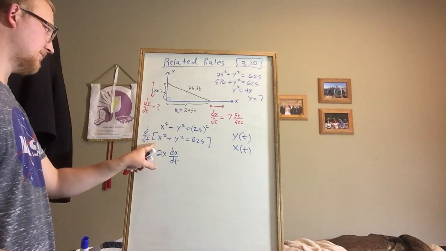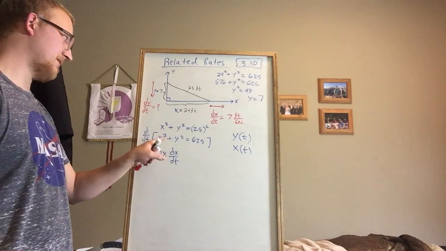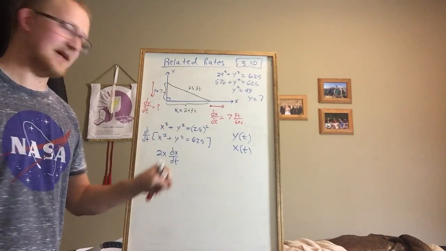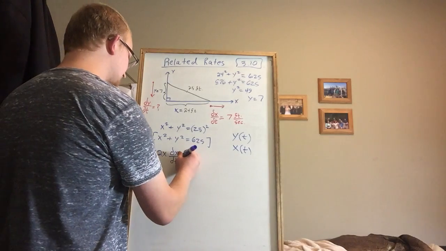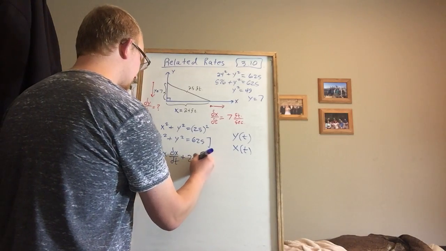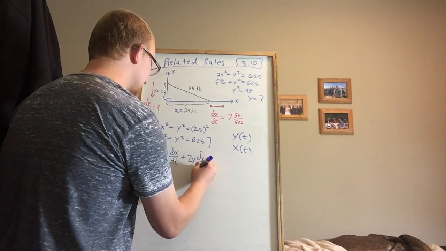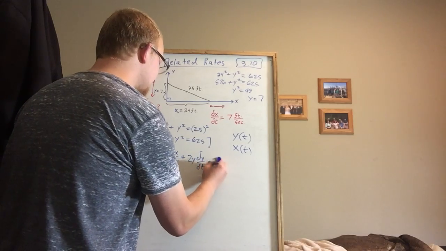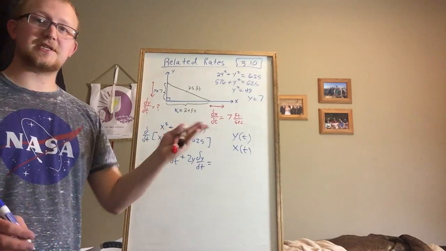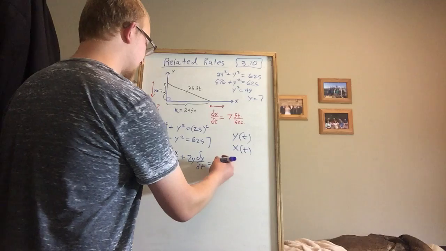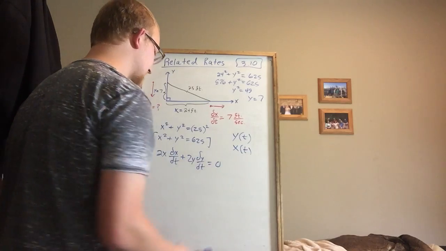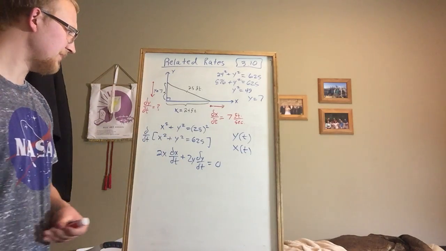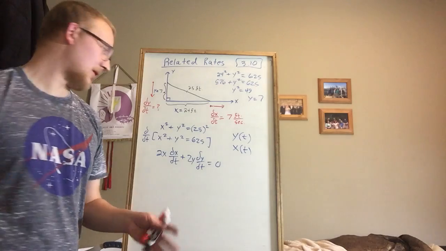So 2x, that's the power rule, times the derivative of what's inside x, which is dx/dt. We do the same thing with y. We end up with 2y dy/dt, because y is also dependent on t. And 625 is just a constant, so the derivative of this constant with respect to anything is going to lead us to 0.